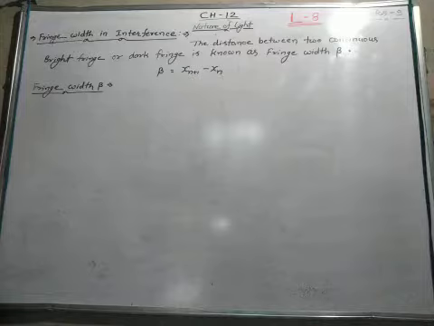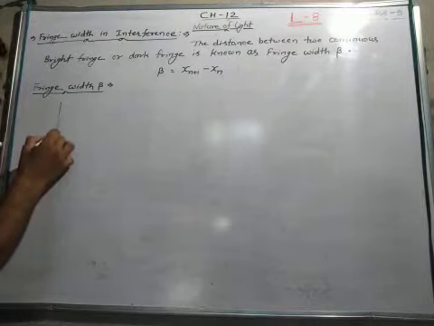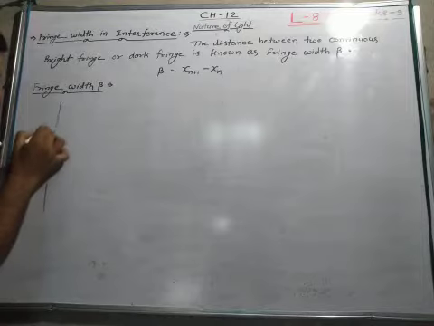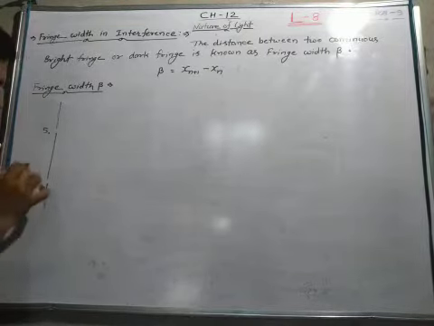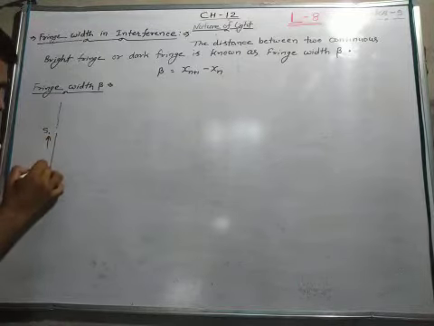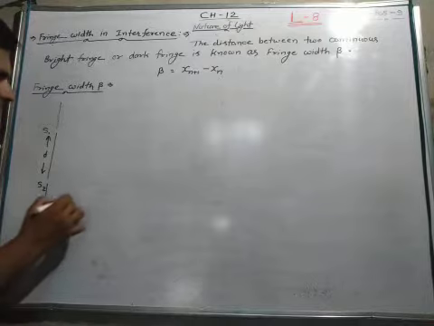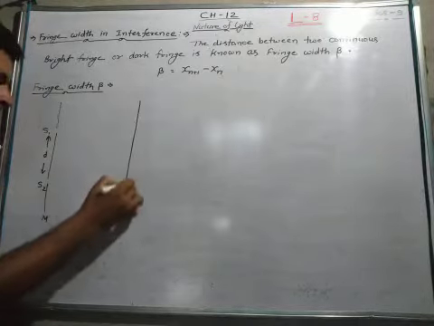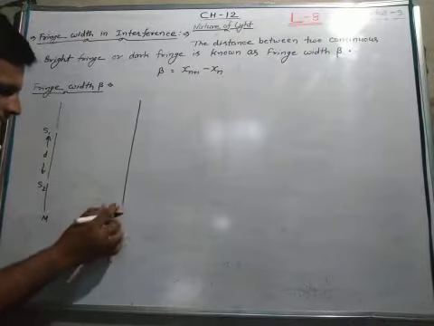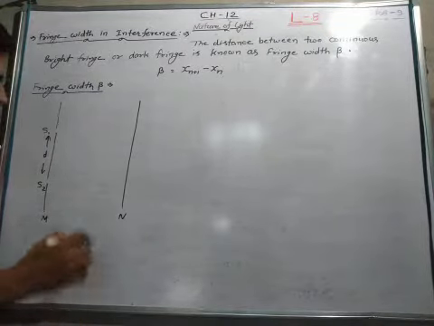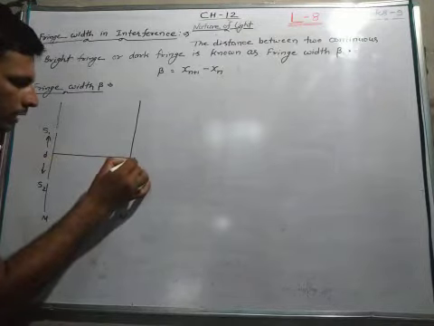According to Young's double slit experiment, we make a diagram. This is slit S1 and S2, and the distance between both slits is small d. This is the screen M, and in front of it we take another screen, screen N, and this is the center of both screens.